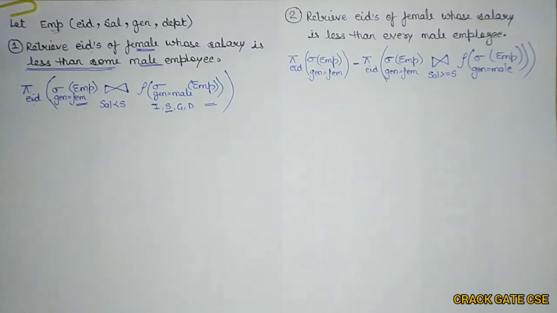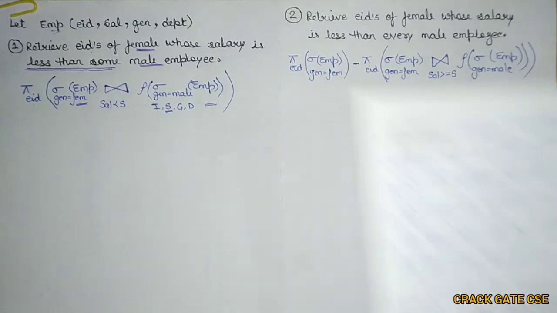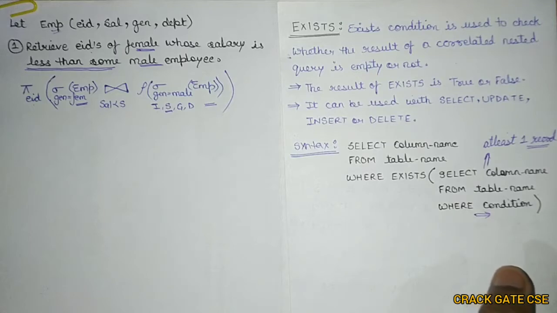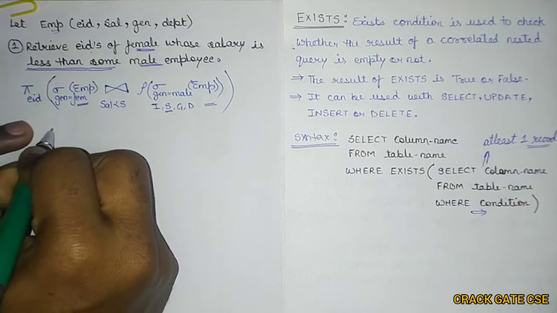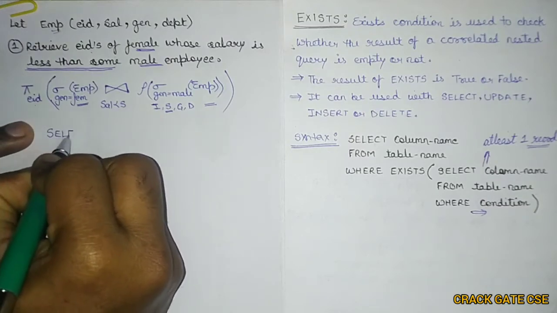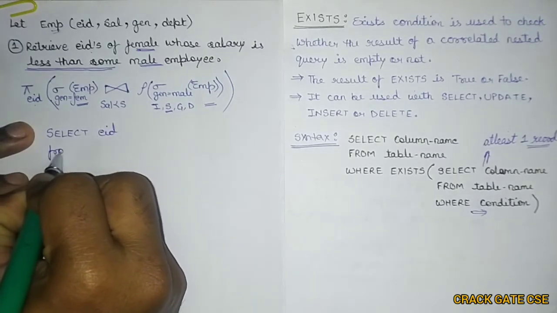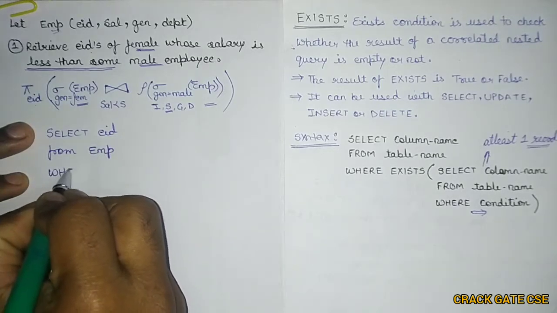Now how can we write the equivalent SQL query using the exist relation? I already told you the syntax in the previous video, so we will be using the same syntax to write the SQL query for this relational algebra query and the statement. So I will be writing select employee ID from employee, where what is the condition here?